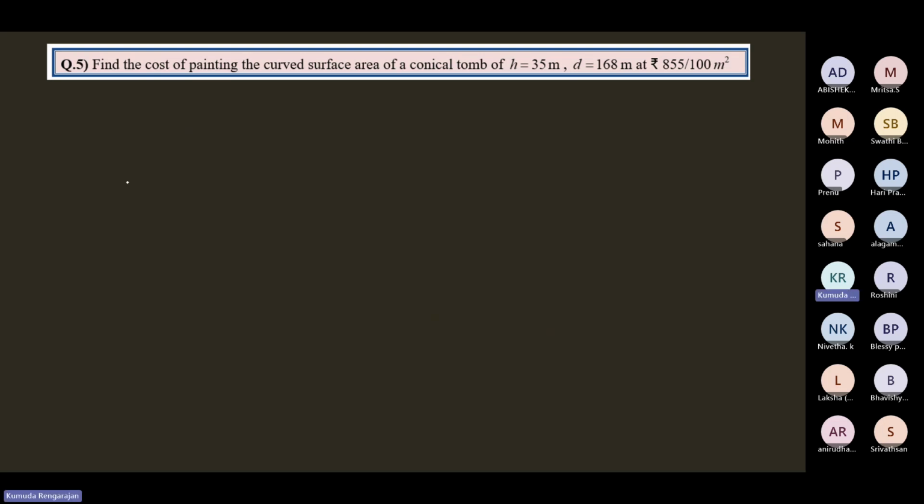See, in this question, it's about a conical tomb. You need to find the cost of painting the curved surface area. Whenever you have to find the curved surface area or the total surface area of anything conical, you need slant height for area. For volume, the formula is 1 by 3 pi r square h.